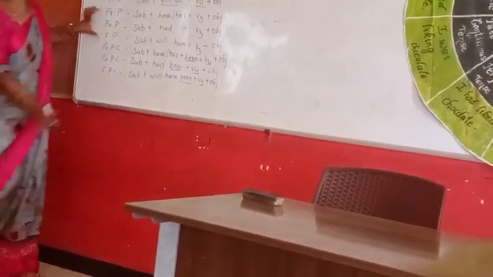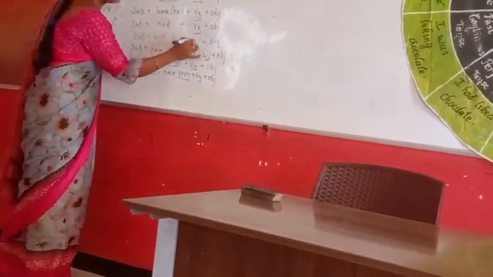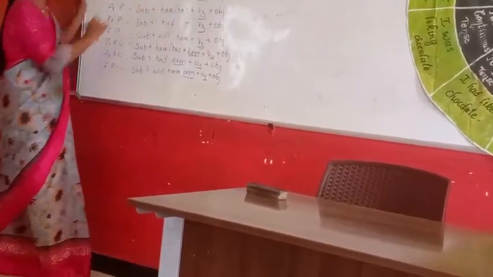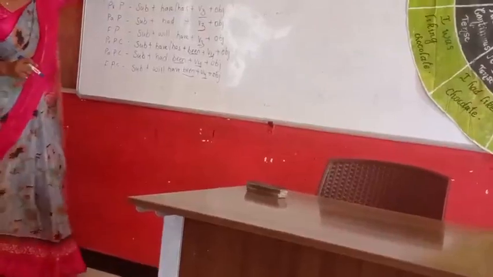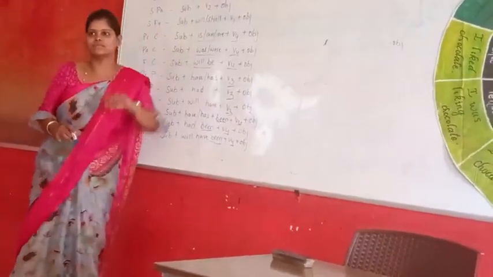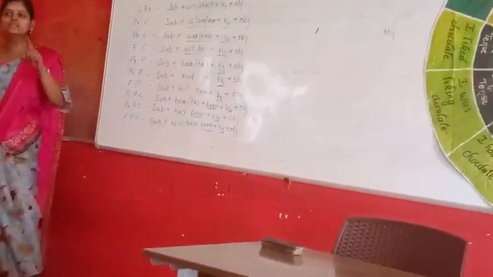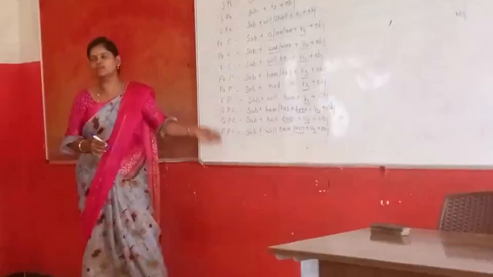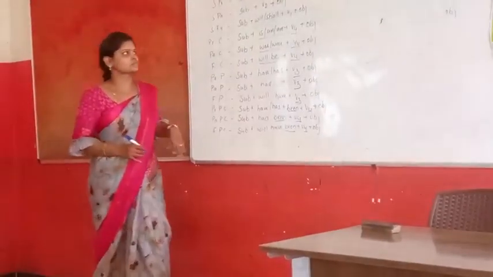For perfect tense, V3 is common. For continuous, V4 is common. And here nothing is common, but there is V1, V2 and will or shall plus V1. Using one sentence, we can frame sentences for all these tenses.